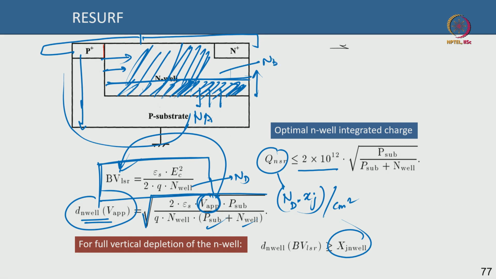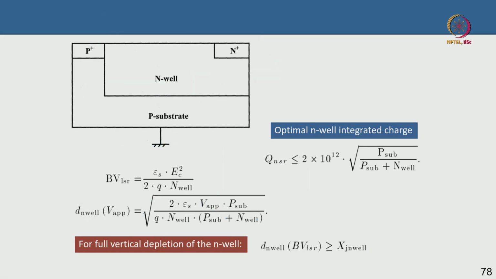This is a very important expression, and it basically tells you the dosage, the product of the doping of the drift region and the junction depth that is required to enable a RESURF action.